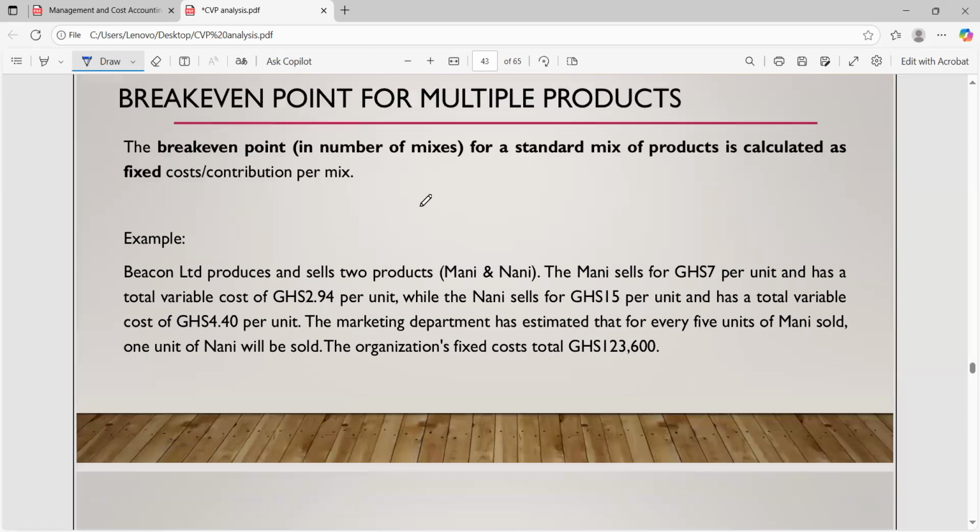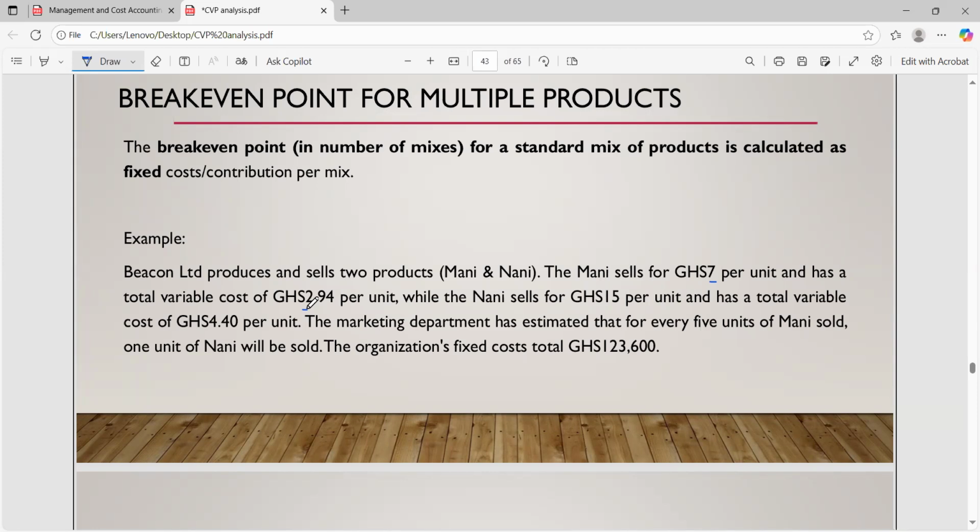Can someone read this question? Beacon Limited produces and sells 2 products, Money and Nanny. Money sells for 7 cedis per unit and has a total variable cost of 2.94 Ghana cedis per unit, while Nanny sells for 15 cedis per unit and has a total variable cost of 4.40 per unit.